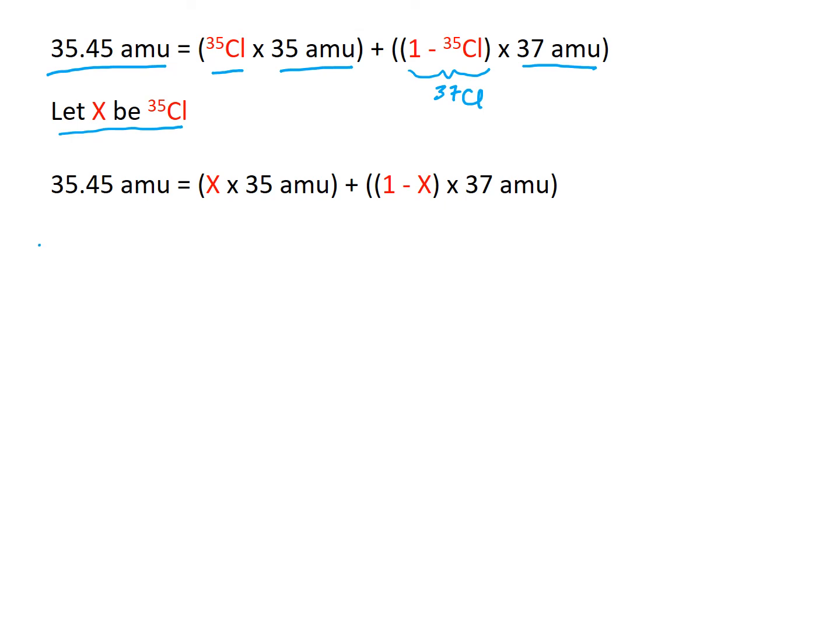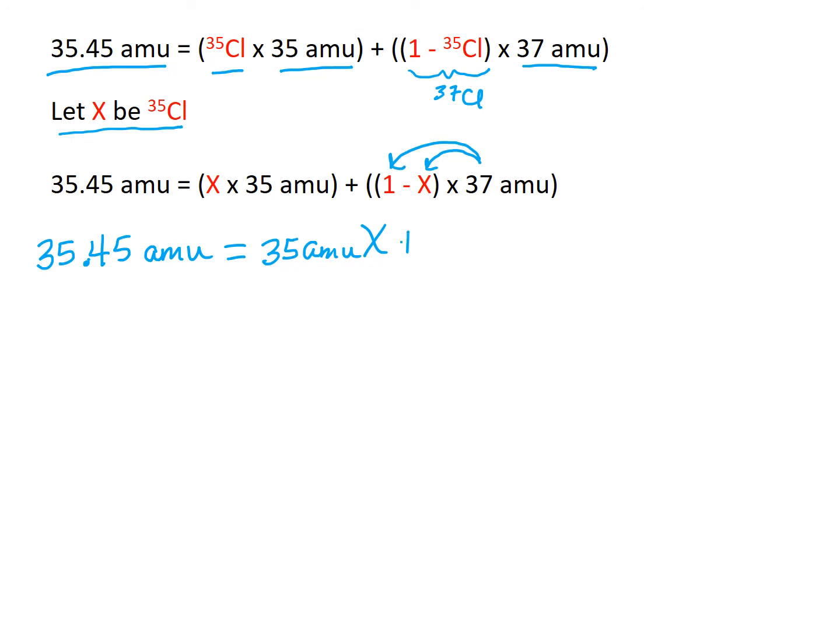Okay, so now it's just an algebra problem and we can solve it. So make sure you pay attention to your significant figures and also your units. So I'm just bringing 35.45 AMU down equals, I'm multiplying these two together, and so I get 35 AMU X. Okay, and then this one, this multiplication right here, I have to distribute to each one of these.